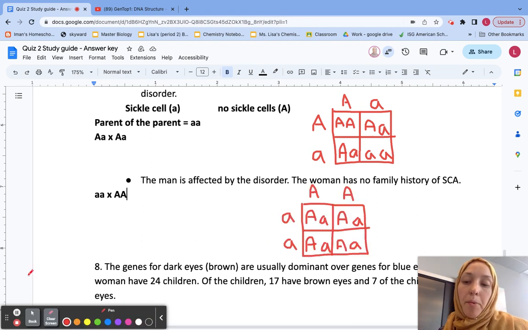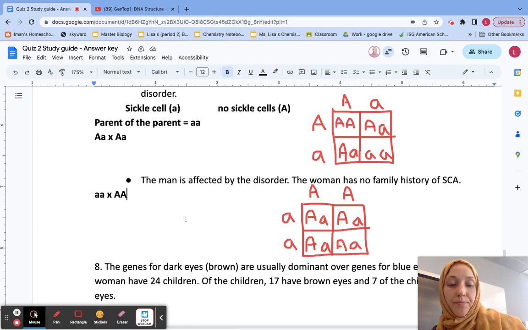Okay, so what is the probability that they have a child with sickle cell? Well, it's 0%. 0% probability of a child having sickle cell, but 100% chance that their child is a carrier for sickle cell.